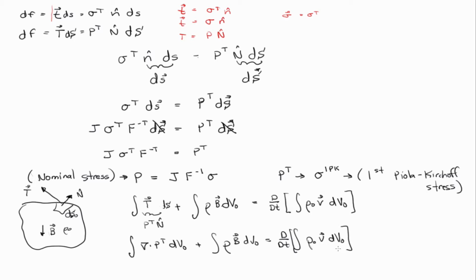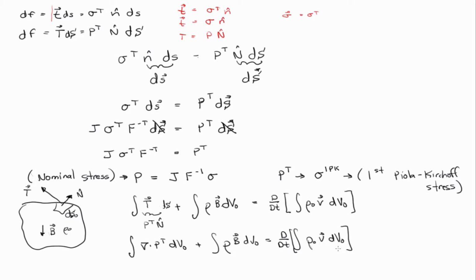Now, just one subtlety here. Remember, this whole business about the material time derivative came about via Reynolds transport theorem, because I'm taking the time rate of change of an integral over a volume, and the volume might be changing. But here, by definition, it's the reference configuration.